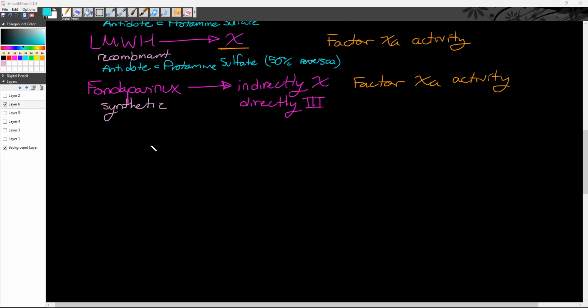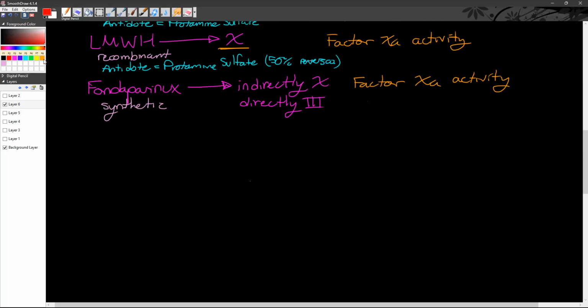So the next group of drugs that we have is the factor 10A inhibitors. The first drug that goes into this category is fondaparinux, right?